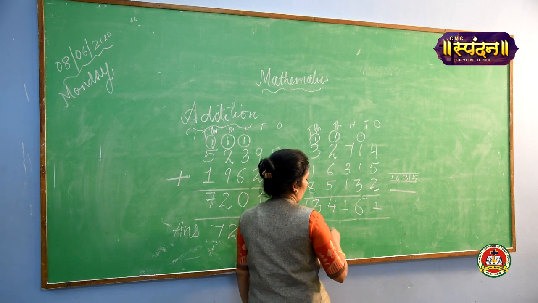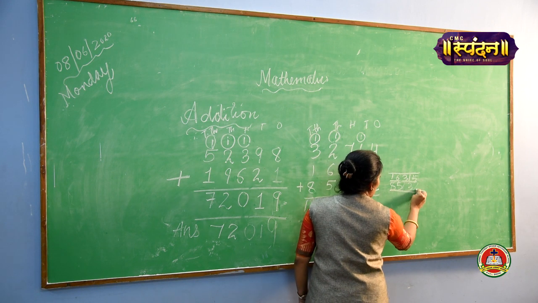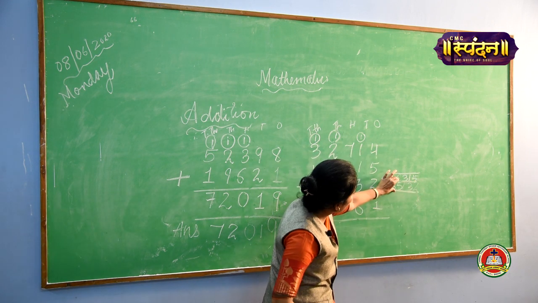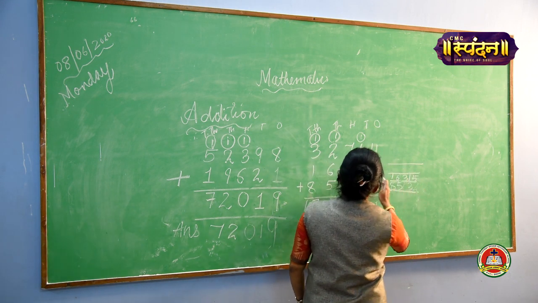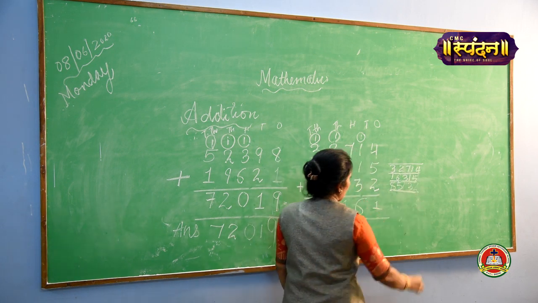So please write it very properly. Then see another one, 85132. Don't write like mixing these numbers here and there. Please use one full block for one full number, like this only. And the same here, I have one more number, 32714. Okay, now it's clear.